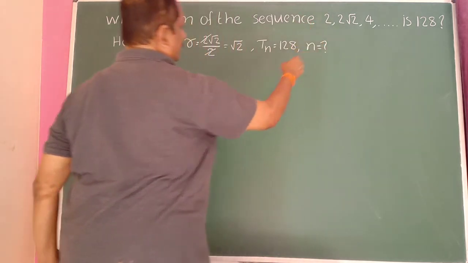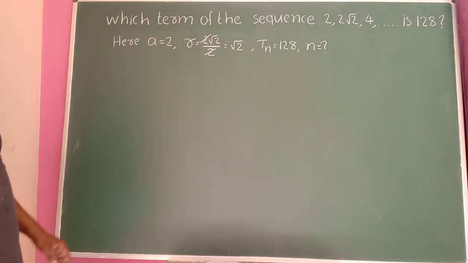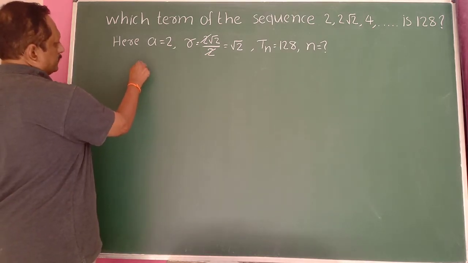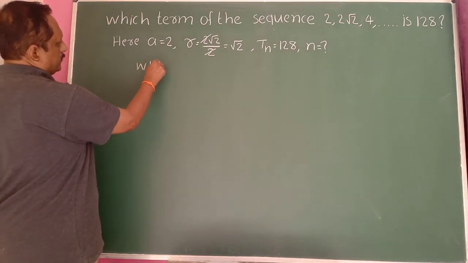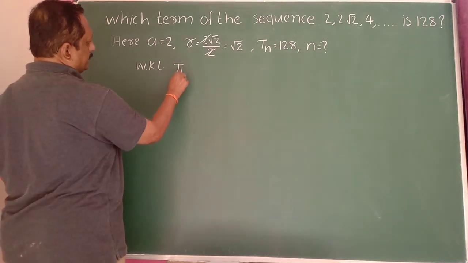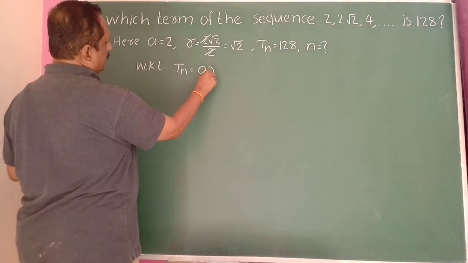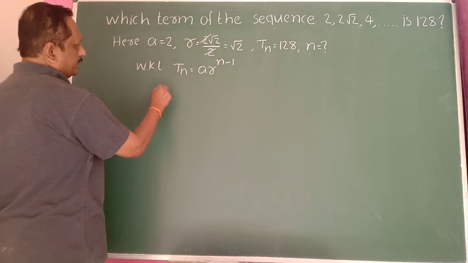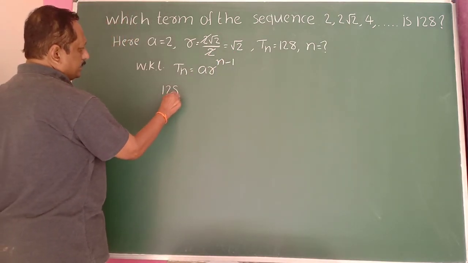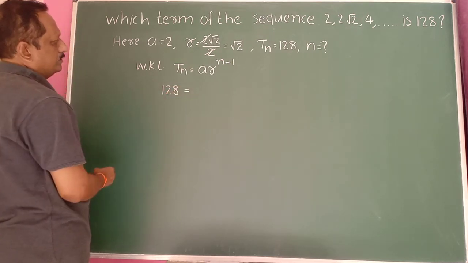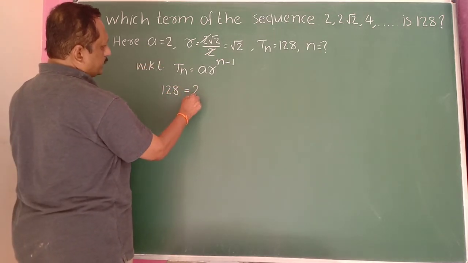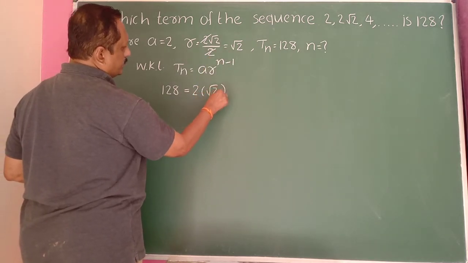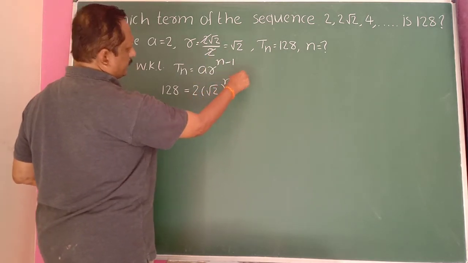Therefore we know that Tn is equal to ar raised to n minus 1. Tn is 128, a value is 2, so 128 is equal to 2 into root 2 raised to n minus 1.